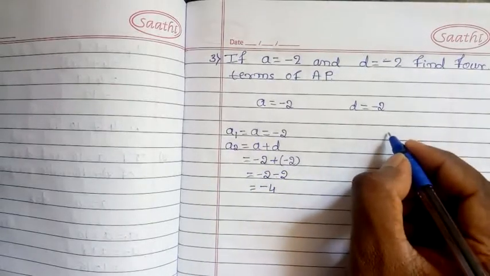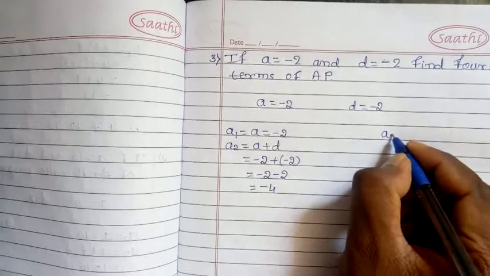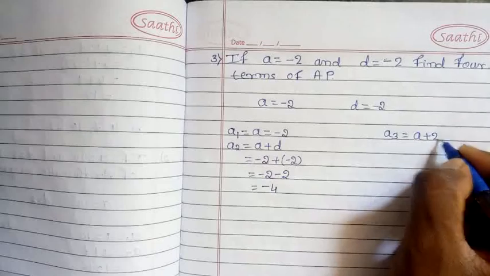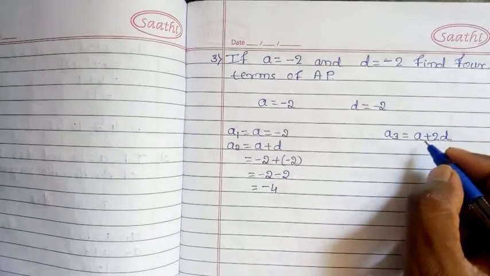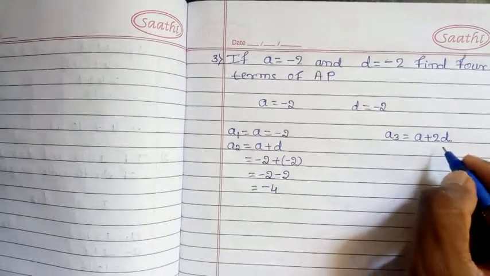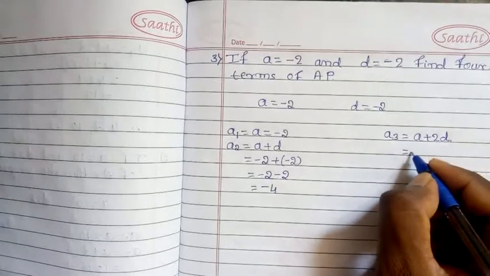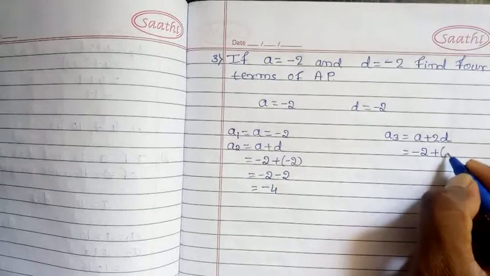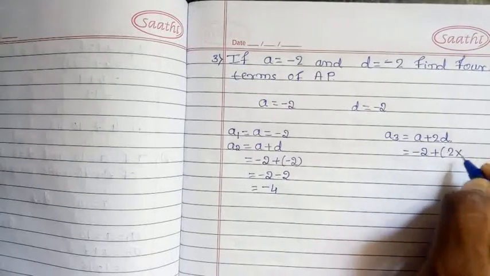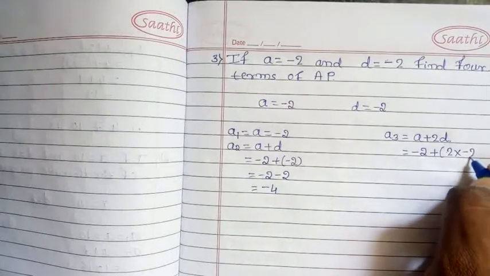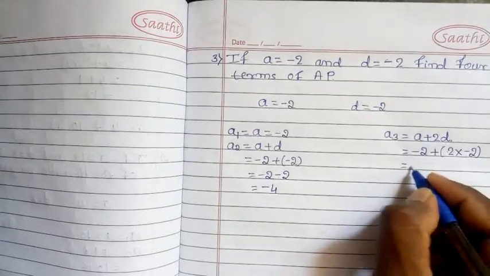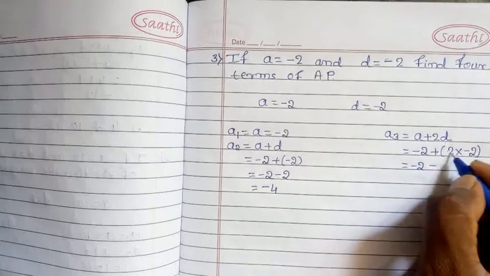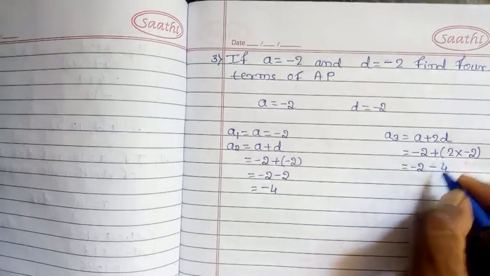Similarly, we calculate the third term, a3 is equal to a plus 2d. The general form of the third term is a plus 2d. Here a value is -2, plus 2d means 2 into d. 2 into the value of d is -2 times 2, which is -4. So -2 plus -4.